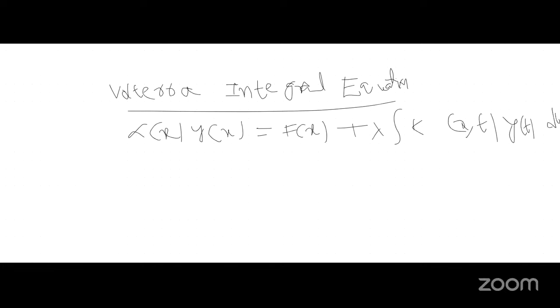We can say it's a Volterra integral equation if the upper limit of the integration is variable. This is the lower limit and this is the upper limit. Suppose this is a to x, so the upper limit is x, which is a variable.